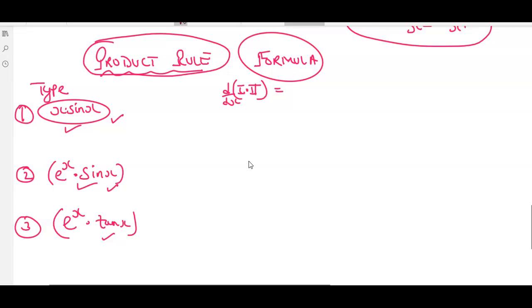Now the product rule states that if we multiply two functions, we have to start like this: derivative of first and second remains as such, no change. Then we have first into derivative of second.